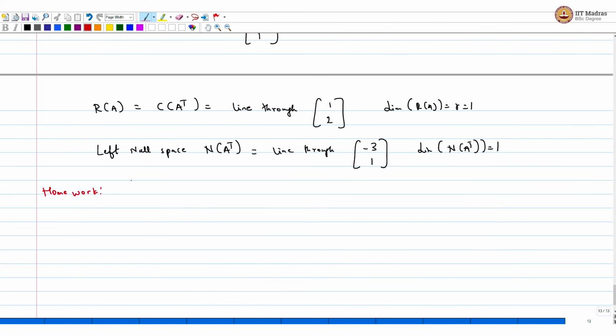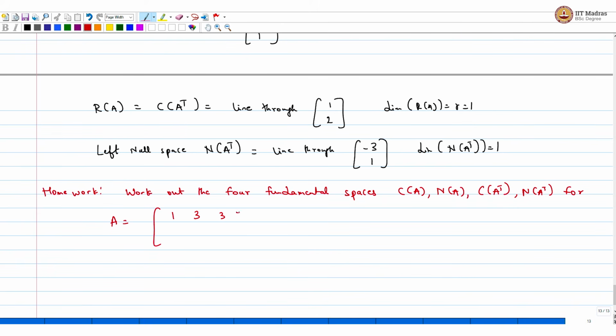Homework: work out the 4 fundamental subspaces, which are the column space of A, the null space of A, the column space of A transpose and the null space of A transpose, for the following matrix A. You'll have to do Gaussian elimination, do some work, reduce it to the row echelon form, and then things will be apparent. So this is your matrix.